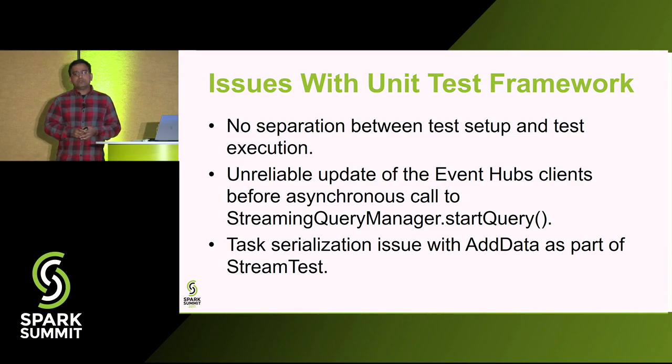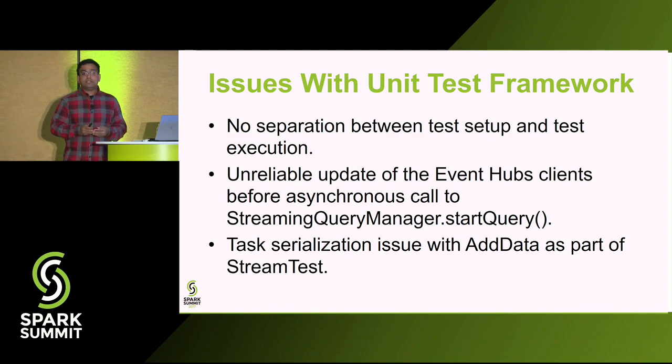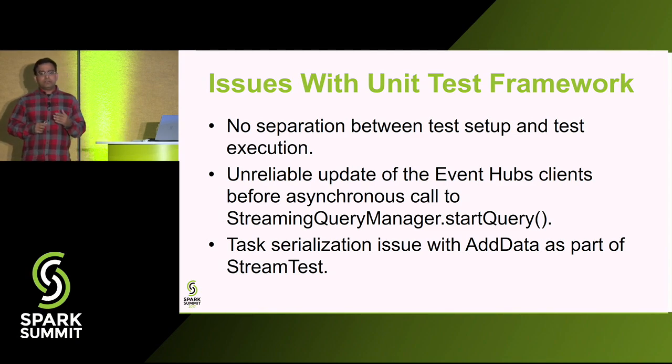So what are the issues with the unit test framework that Spark provides that we felt should be addressed? There is no separation between test setup and test execution. Just because we are using simulated EventHubs, we really need that demarcation. Before we set up the test, then we can start the actual execution.